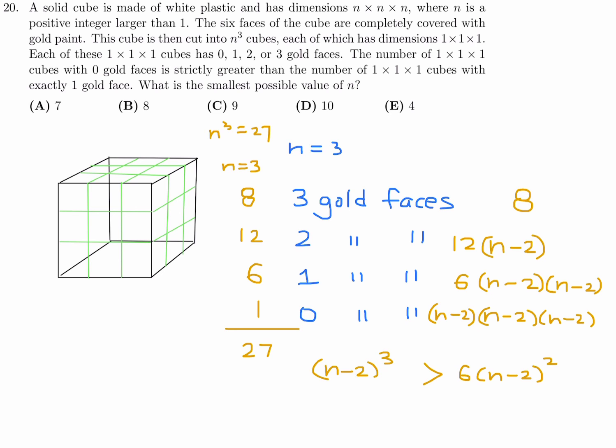And this is the inequality. So the n minus 2 squared from both sides cancel, and all you're left with is n minus 2 is greater than 6. Therefore, n is greater than 8. N has to be greater than 8. So the smallest possible integer value for n is 9, since n is greater than 8. And therefore, number 20, the answer is C.